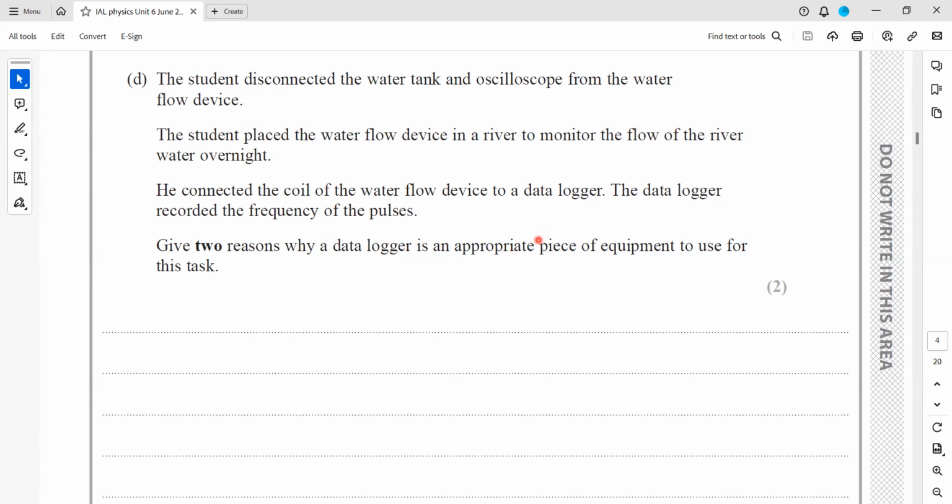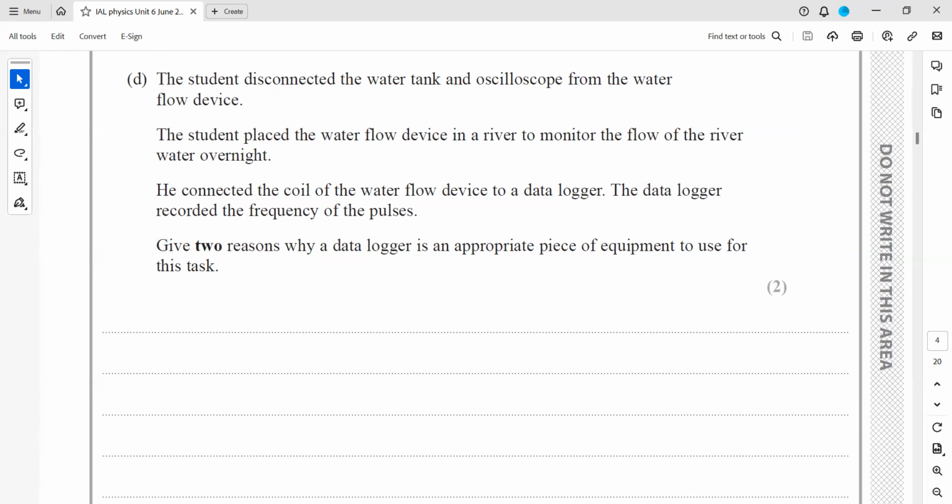It can record measurements over a long period of time. But if an observer is there, he has to stay overnight, like 12 hours or 24 hours, to do the experiment, which is impossible to do. The second thing, the data logger can record a large amount of data.